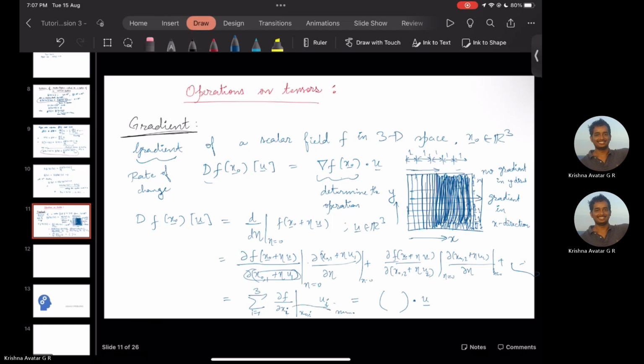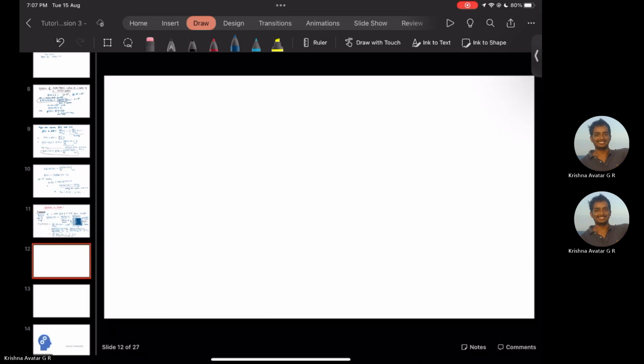So now comparing, it is equal to something dot u.